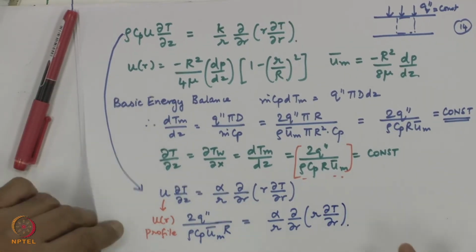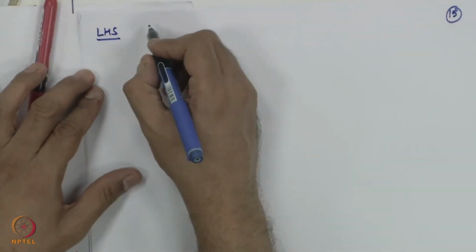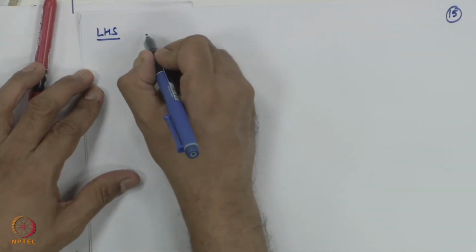So, left hand side, let us simplify. Slide number 15, LHS I am going to write u of r into 2q. So, what is u of r?